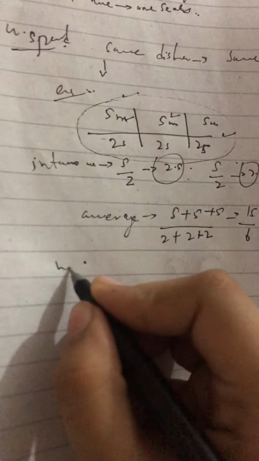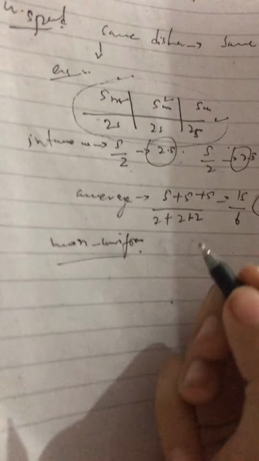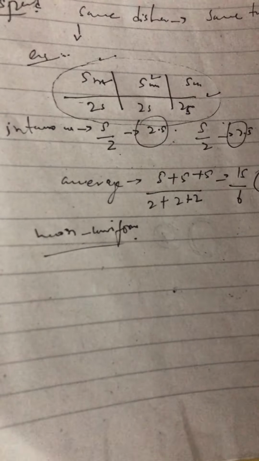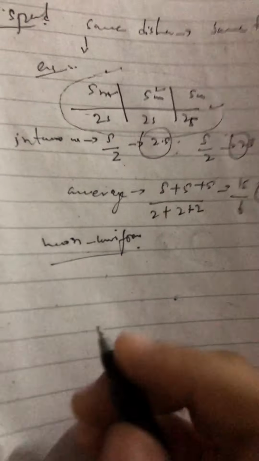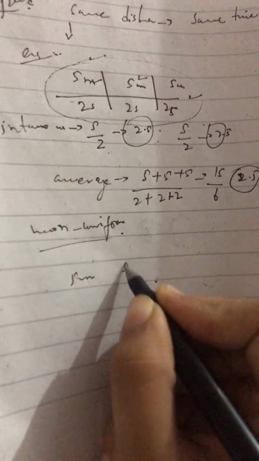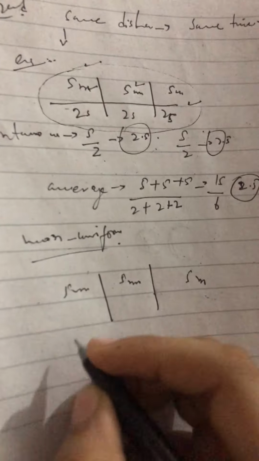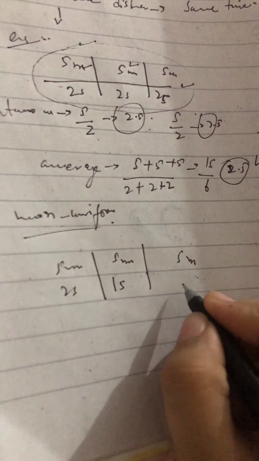Now if we talk about non-uniform, what is non-uniform? It is the reverse of uniform, where average and instantaneous speed will not be the same. For example, we have 5 meter, 5 meter and 5 meter, and here we have times of 2 second, 1 second and 4 second, right?